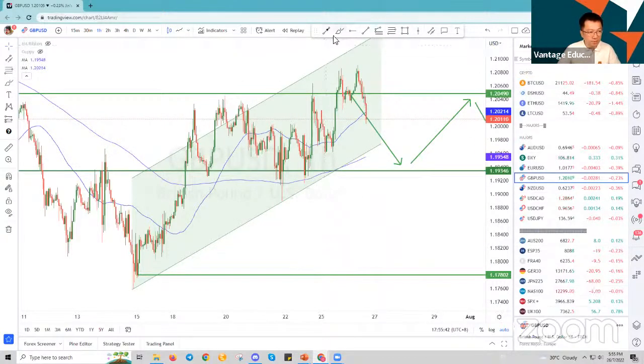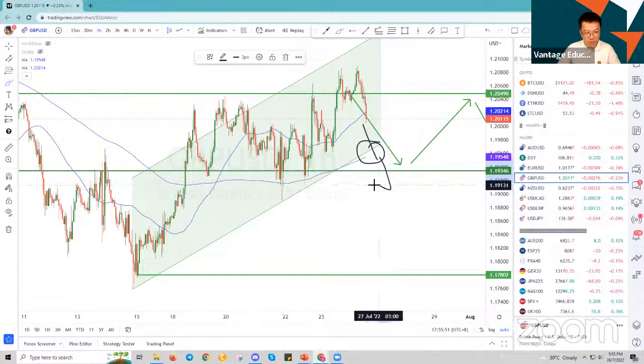That point, circle it here. That point there could be quite crucial. We could see price track down, and if it breaks past this point, we could see big downside, especially if it breaks past that support level as well.